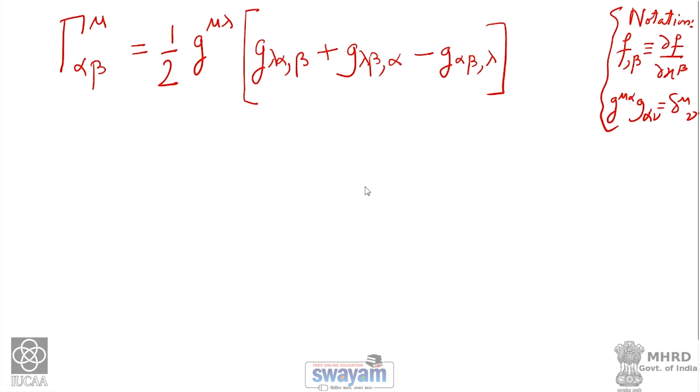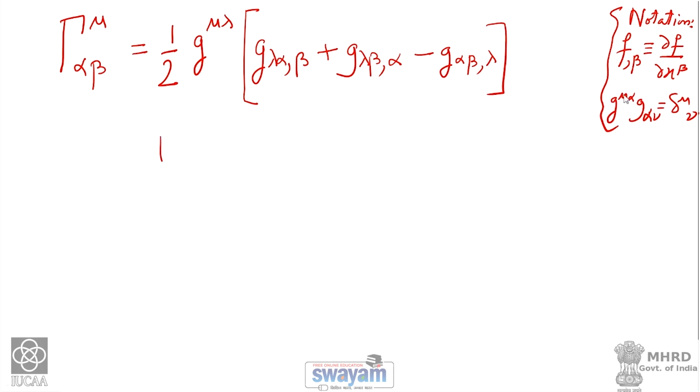So, the Christoffel symbol is given in terms of the derivatives of the metric tensor, but note that we are also having the contravariant metric tensor, and the contravariant metric tensor is defined to be that which when contracted with the covariant metric tensor gives me the Kronecker delta.